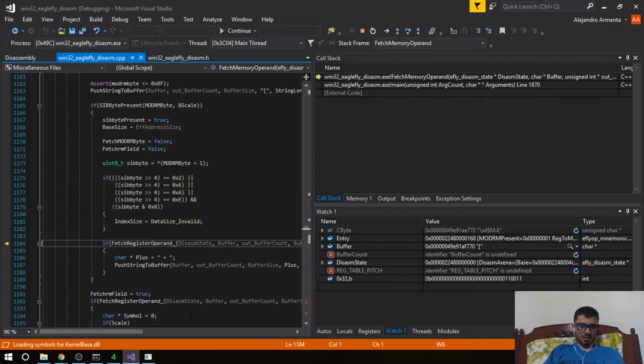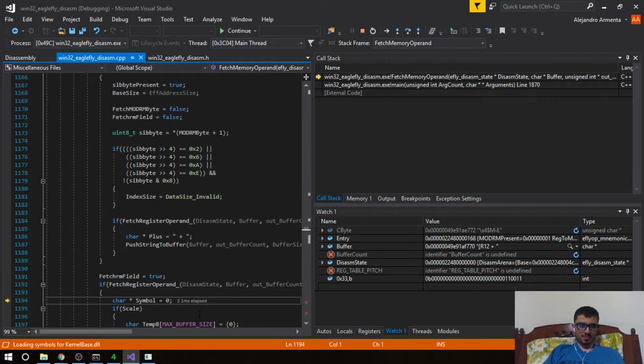We got the register operand, which is R12, blah blah blah, plus, we didn't get anything there.